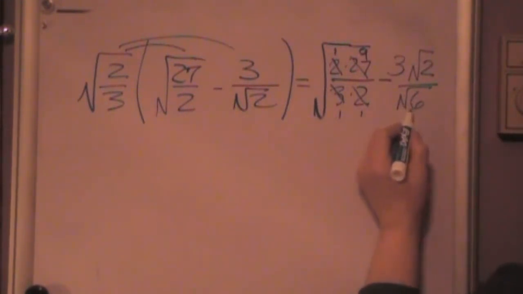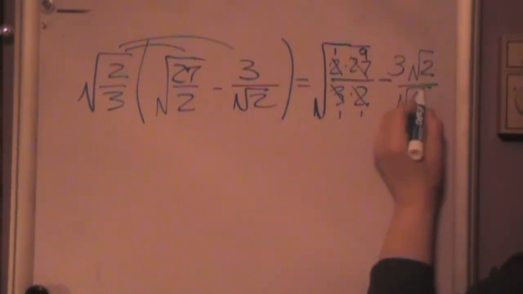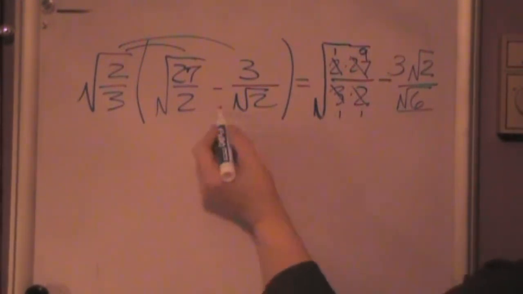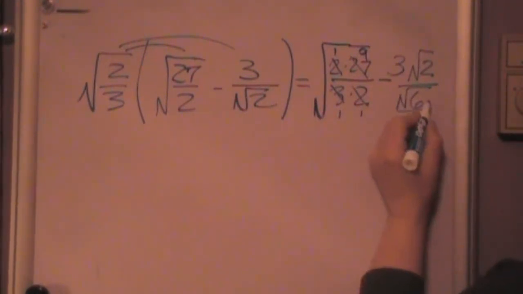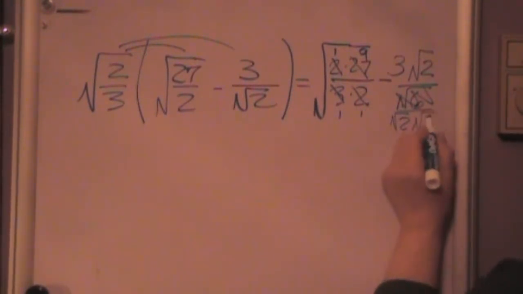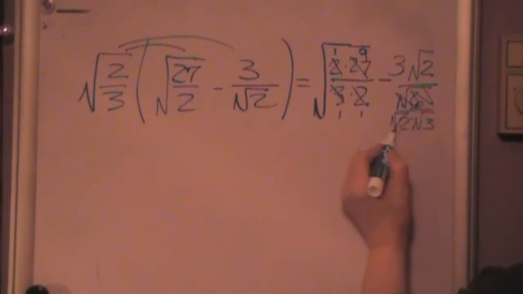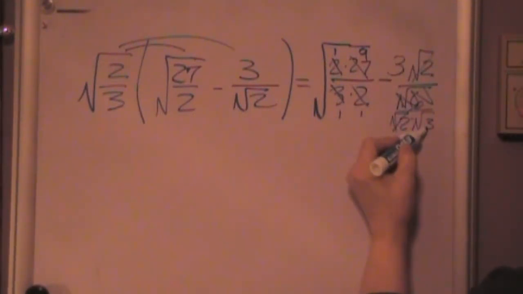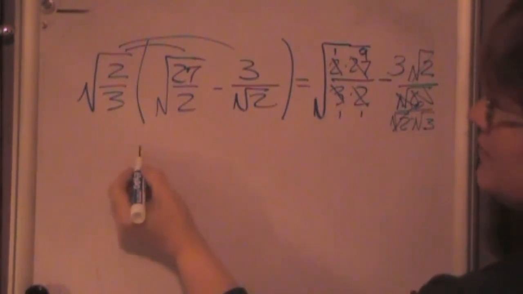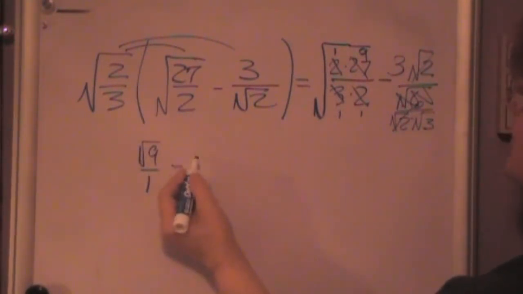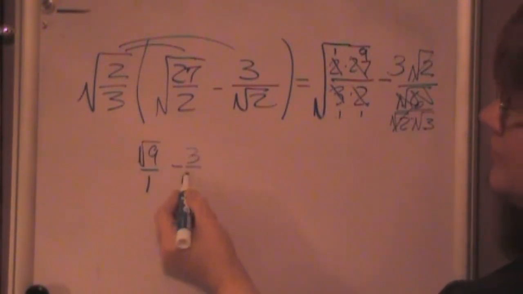I don't have to separate this one because I can actually take this one, and this is really root 2 times root 3. So if I hadn't done this together like root 6, root 2 times root 3, I can cancel out the root 2's in this one, and I just have 3 over root 3. So again, up here I have root 9 over 1 minus 3 over root 3.